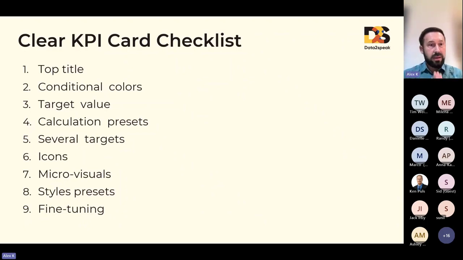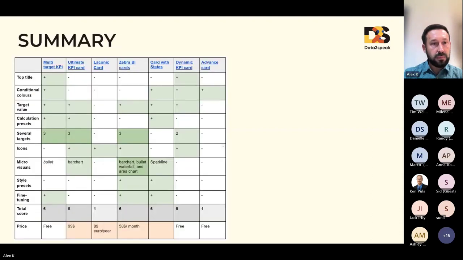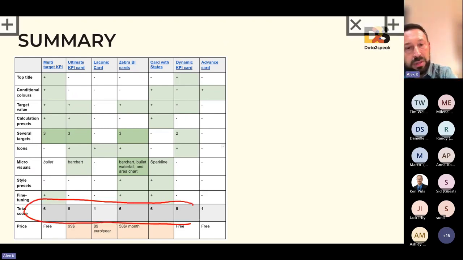So that's my checklist. And finally, there is no perfect visual which meets all these criteria. What I finally got is that a maximum we have 6 points for each card, and some of them are paid and some of them are free.